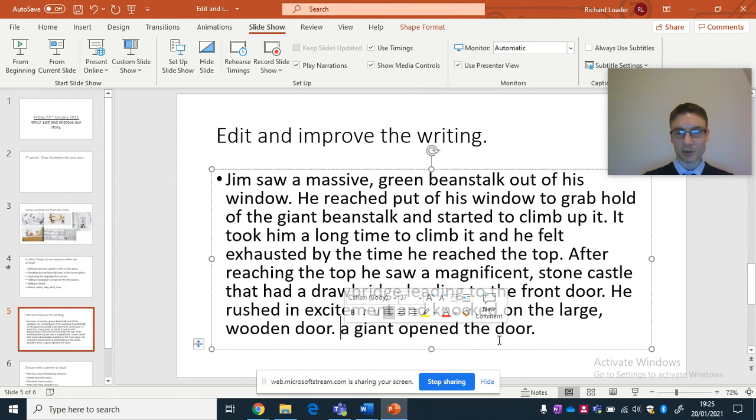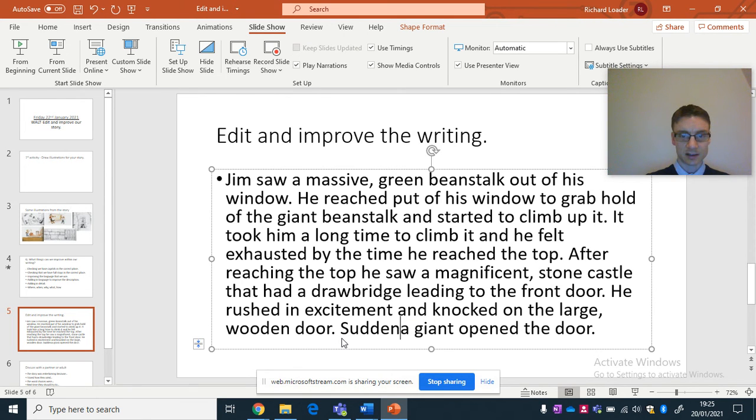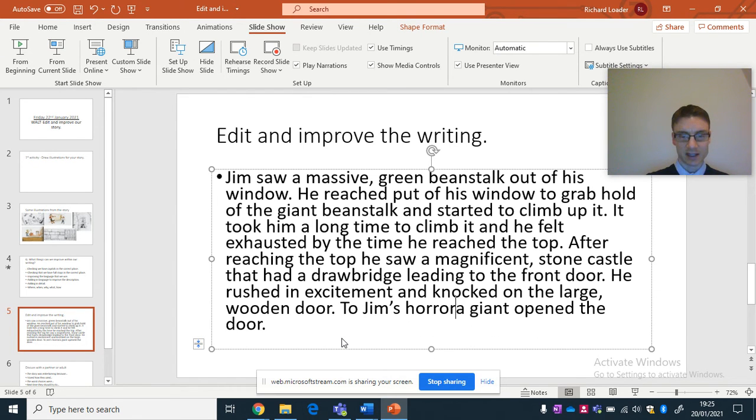Right, a giant opened the door. Could we have suddenly? Or how about this? Because then it says a bit about Jim's reaction. To Jim's horror, and then it would be a little bit of a pause there. So I'm going to put a comma. A giant opened the door. Could we have a word to describe the giant?